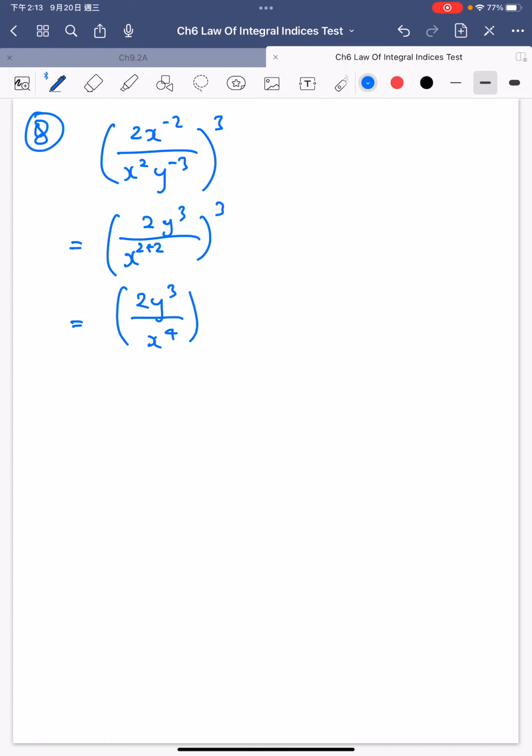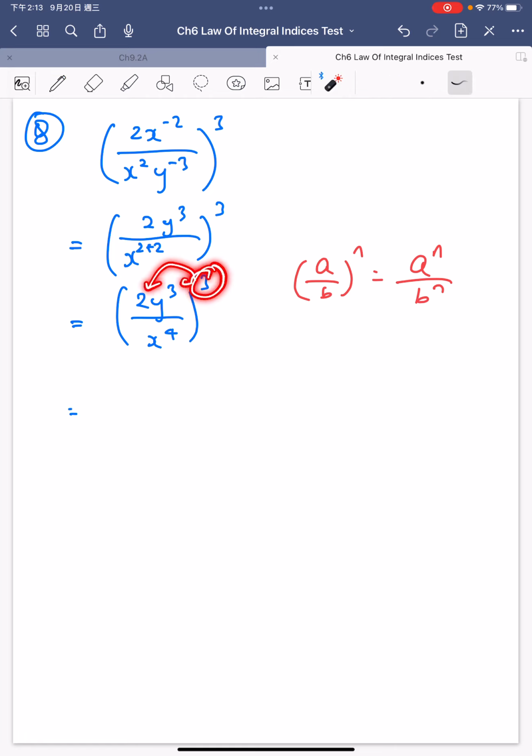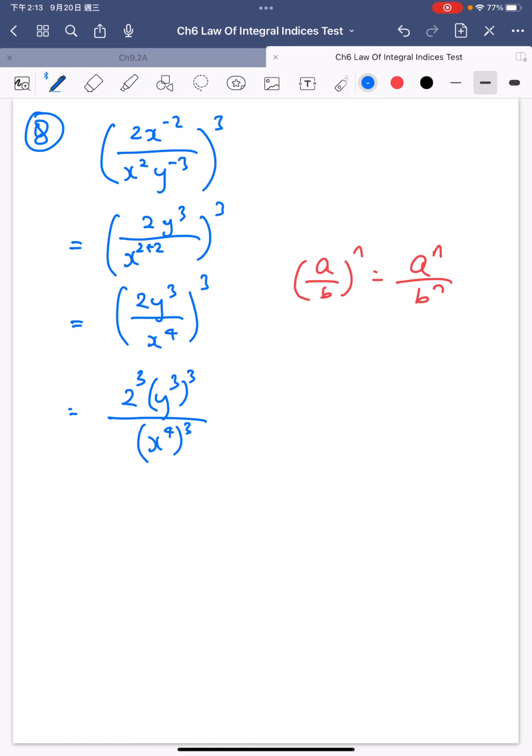And outside the bracket, we got a power of 3. So we're again using a over b to the power of n is equal to a to the power of n divided by b to the power of n. Then we have to distribute this 3 to all of these factors. Then we have 2 cubed, y cubed, the whole thing cubed again, and then we have x to the power of 4 and the whole thing to the power of 3.